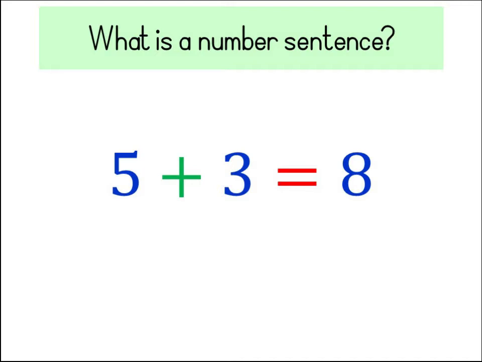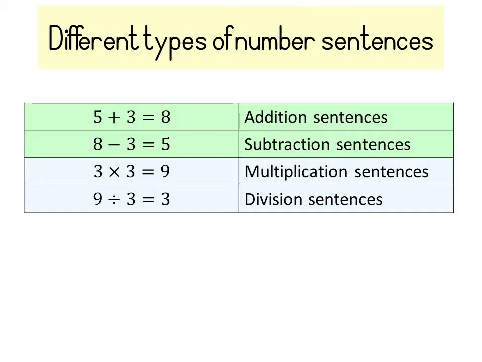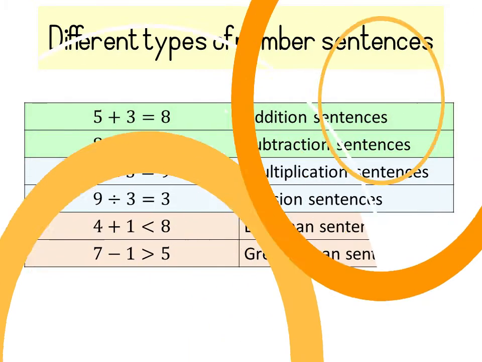So all these numbers and symbols combine to tell us a mathematical fact. In this case, that 5 plus 3 equals 8. Any mathematical operations can be used in a number sentence. For example, we can have addition and subtraction sentences and multiplication and division sentences.